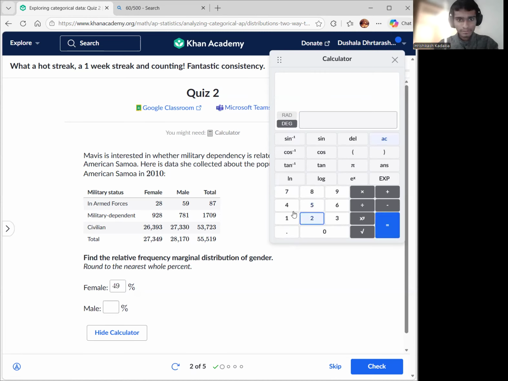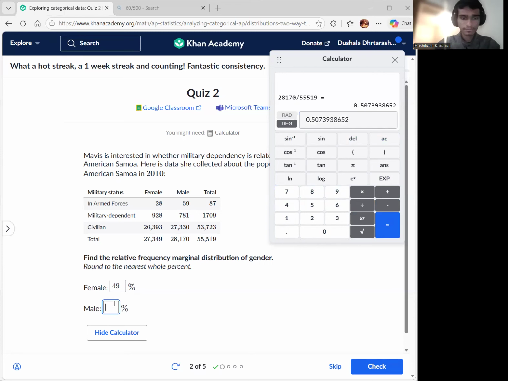So 28,170 divided by 55,519 is going to be 50.7.